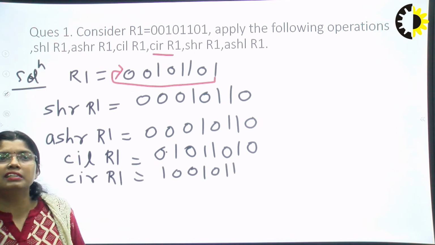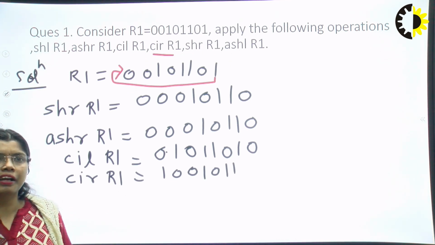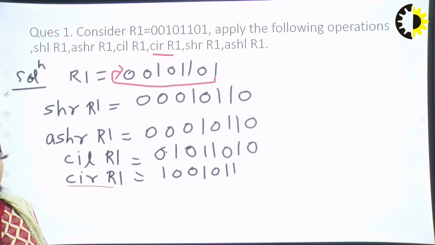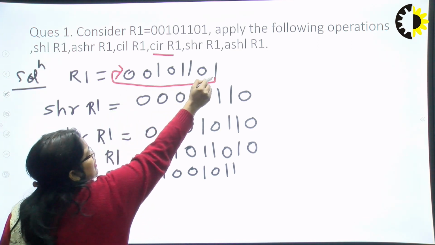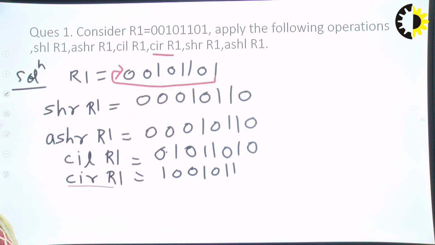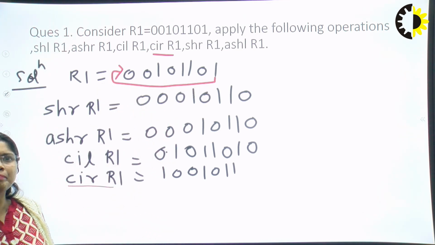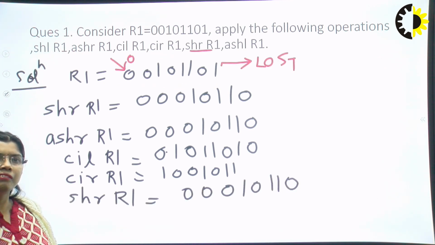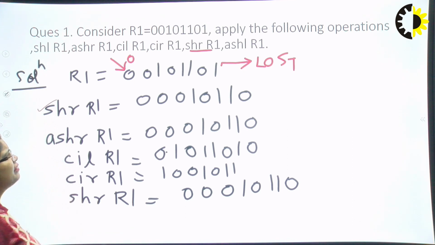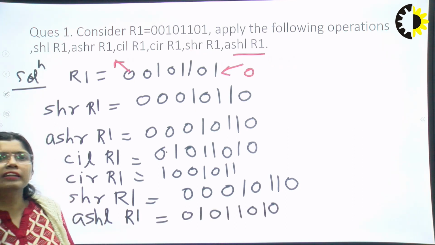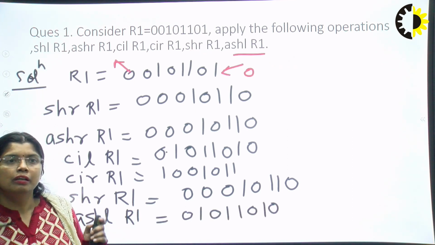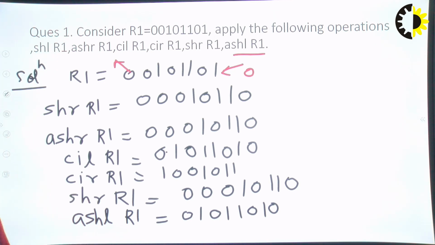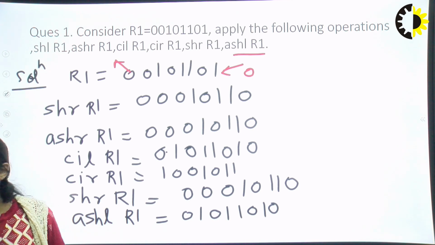The next is CIR R1, circular shift right, where the LSB goes here as the MSB. Then SHR R1 and ASHL R1. These types of questions can come when shift micro operations are covered.